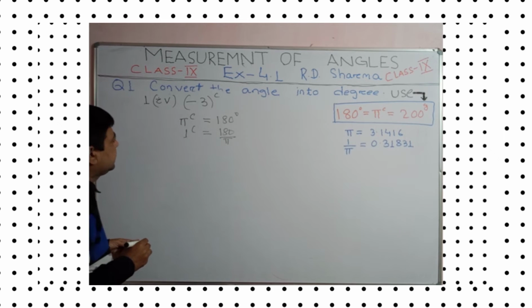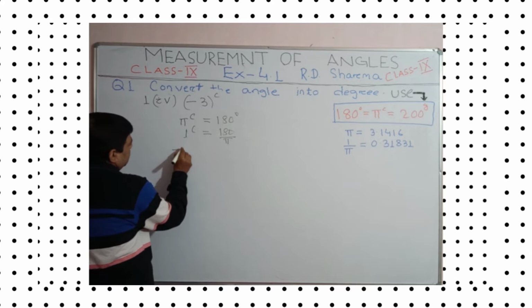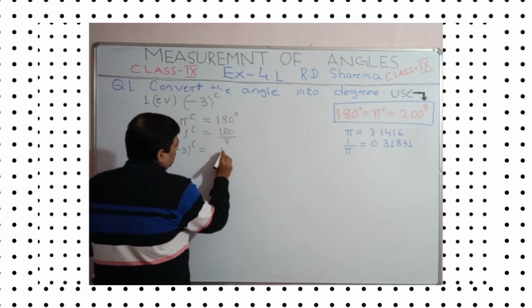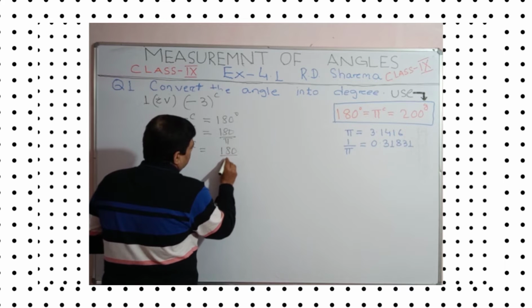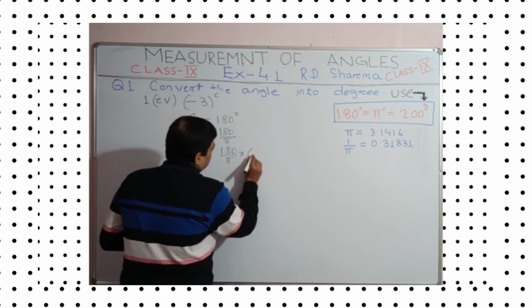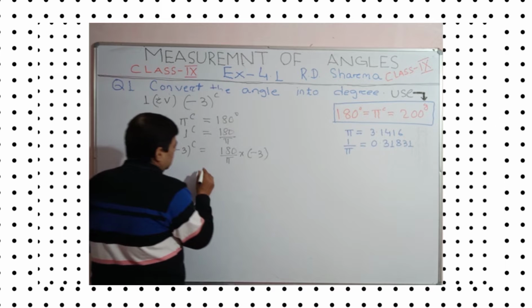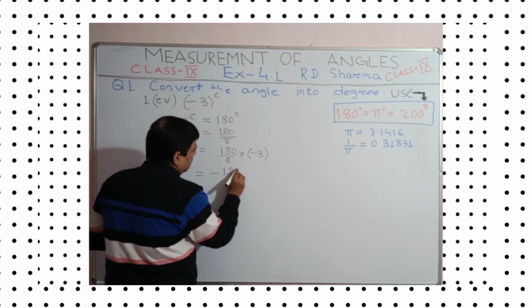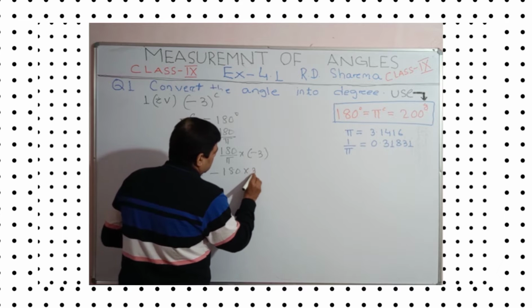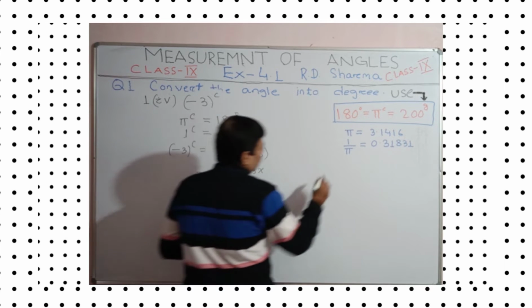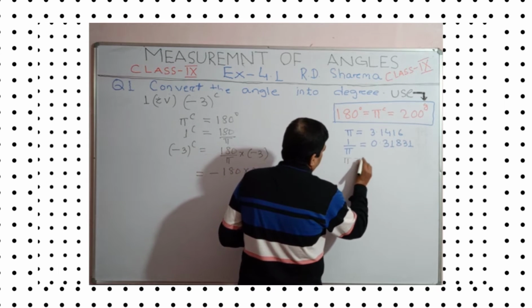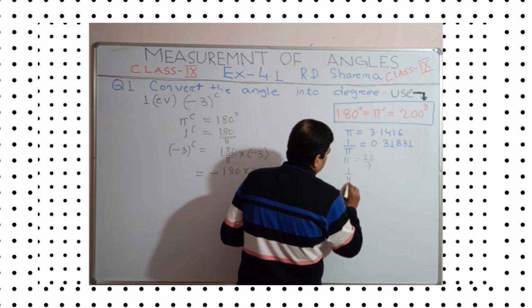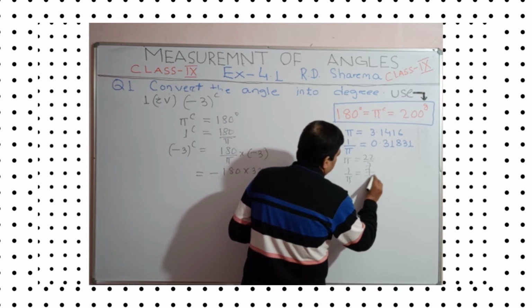180 by pi. Yes or no? Okay, and minus 3 radian is equal to how much? 180 upon pi into minus 3, which is equal to minus 180 into 3 into, and all of you know pi is equal to 22 by 7, and 1 by pi is equal to 7 upon 22.